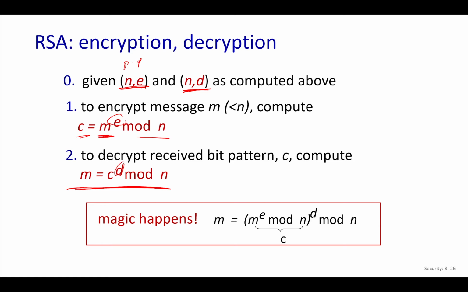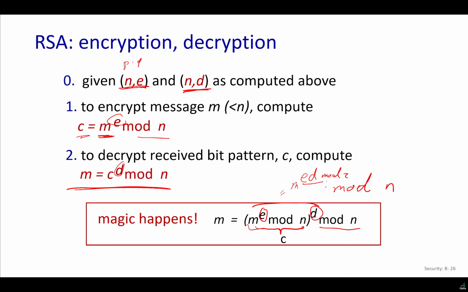And now the magic happens. If we insert the c, to the power of d, what comes out is m to the power of e d, and because of some mathematical lemma, some theorem, that tells you if you have this kind of property, computing mod n allows you to compute mod z.